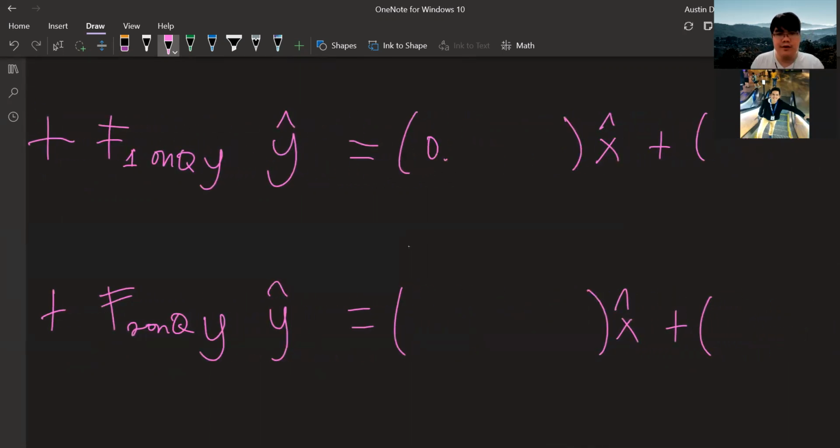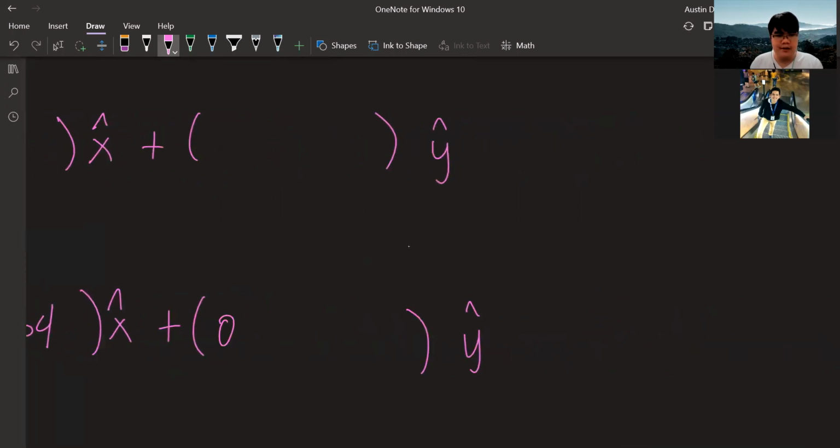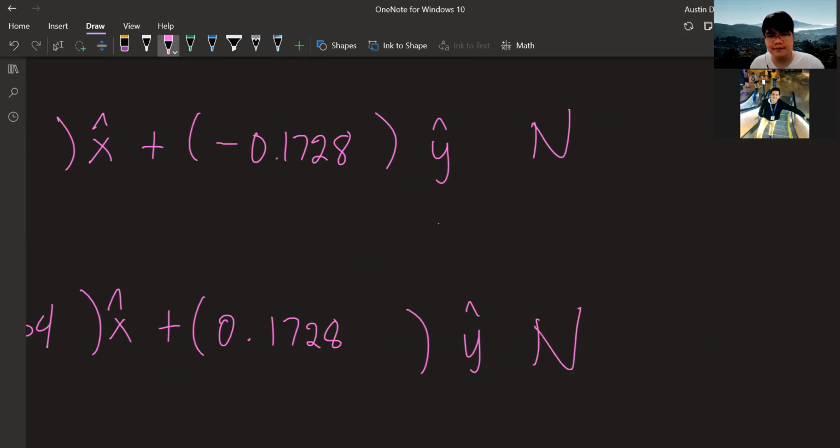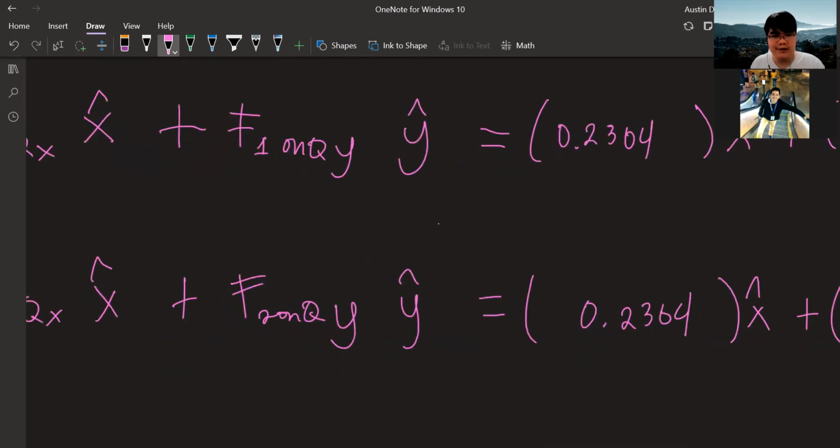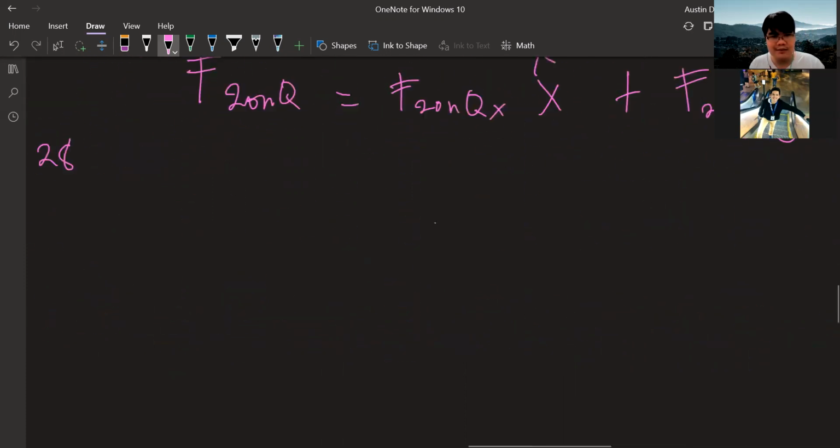Okay, so we just fill them up with our answers. 0.2304, 0.2304, negative 0.1728, then the other guy is 0.2304, positive 0.1728, and all of them have newtons for units. Okay? So the total force would be the sum. Di ba?